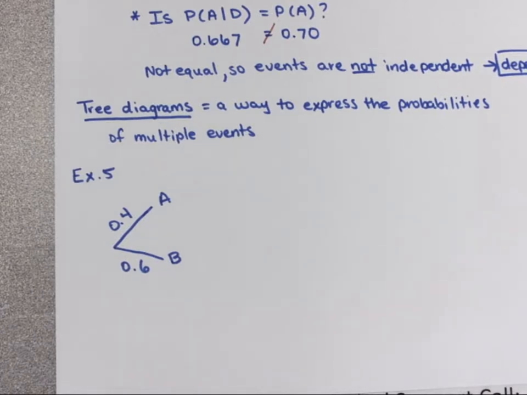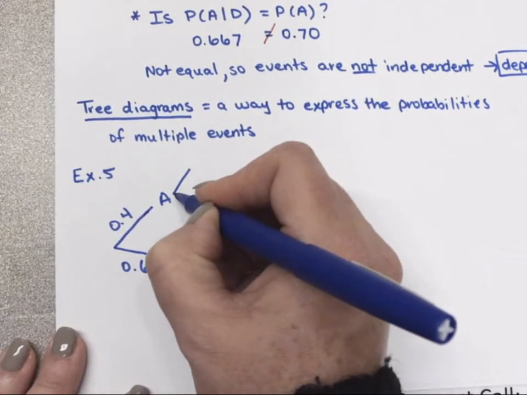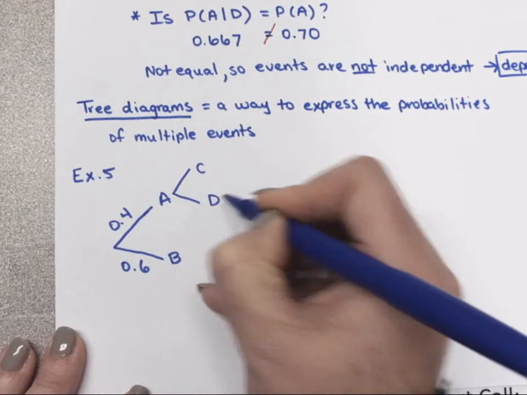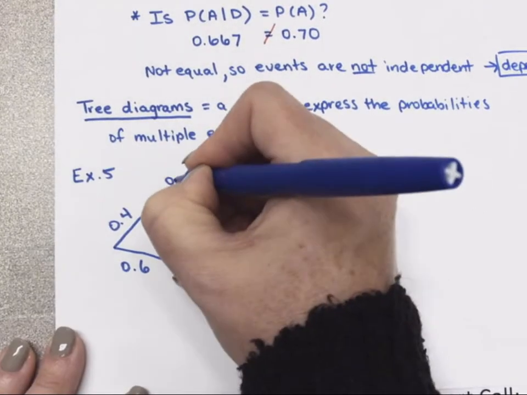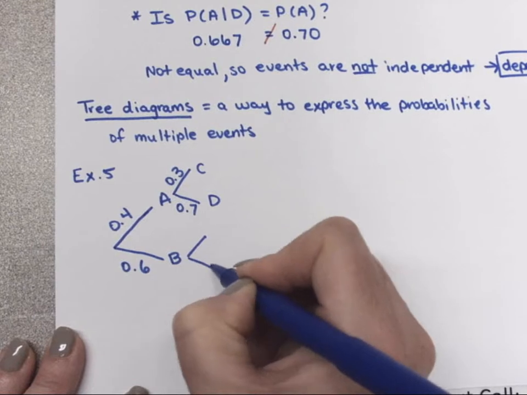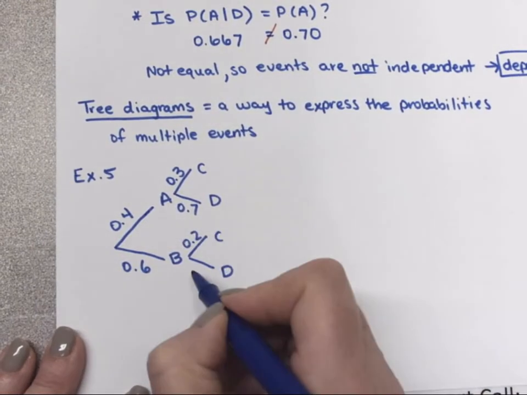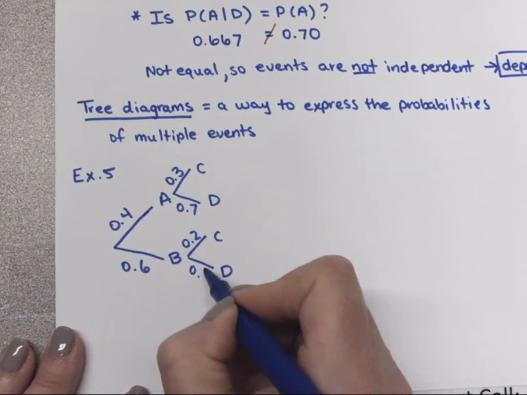You're going to choose B with what kind of probability? 60%, okay? But then after you choose A or B, you can either branch off and go C or D, and let's say this probability is 0.3 and this is 0.7. But then let's say you also have that same option of going C or D if you went the other way.